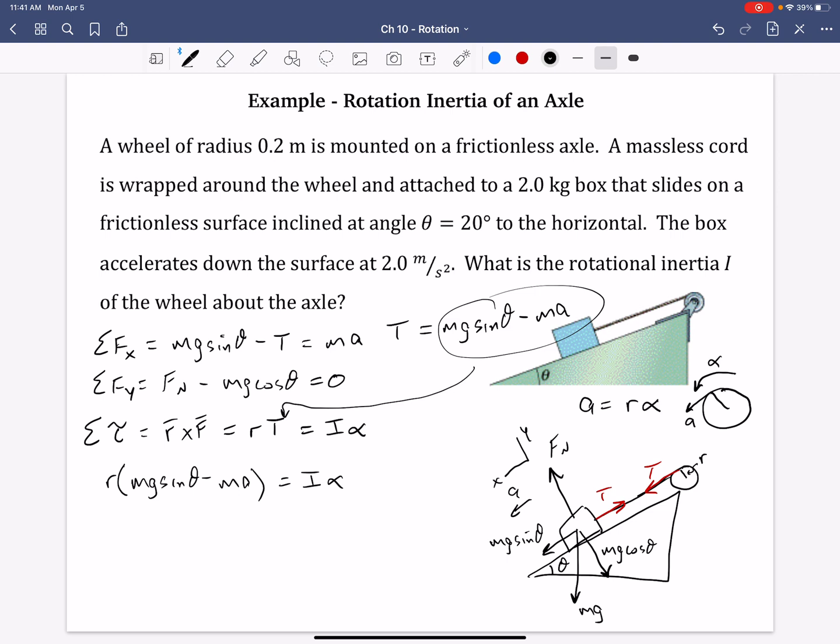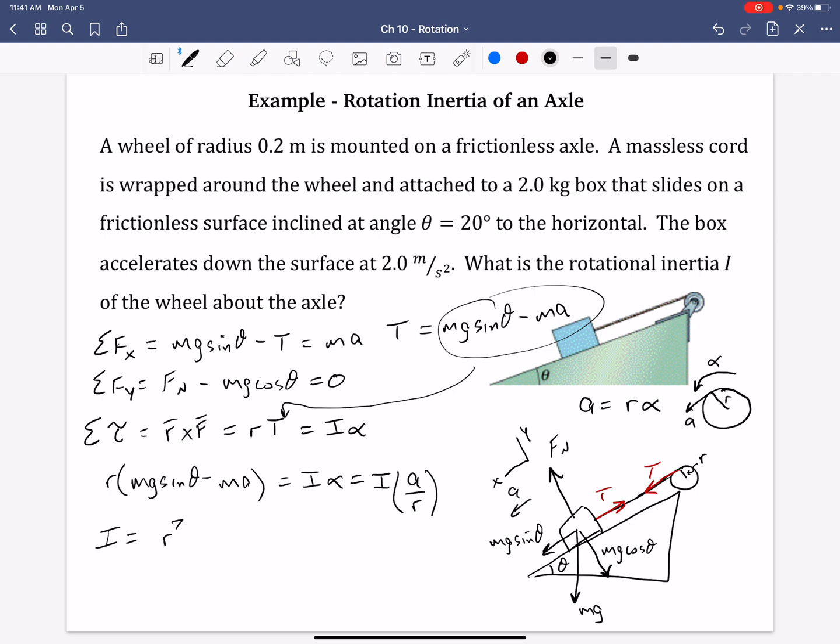So using this relationship between a and alpha, we can plug that in here and rewrite it like such. Alpha would then be a over r. And now we can solve for I.